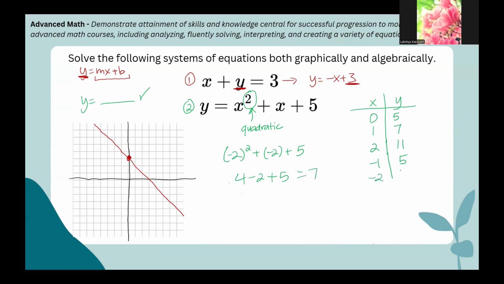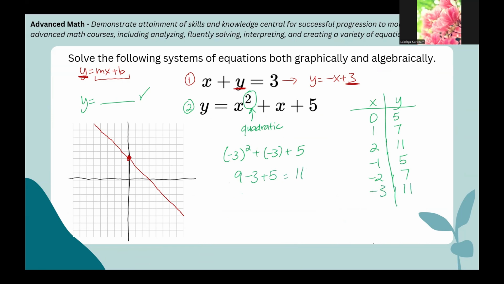So negative 2 is 7. And then I bet you if I plugged in negative 3, I'll get 11. But let's test that. The reason I guessed that is because if you see a pattern here, it's a little bit symmetric. And that's the idea of what a parabola is. But don't get too wrapped up in that if that doesn't click right away. So negative 3 squared is 9, minus 3 plus 5 is 11, right? So negative 3 is 11.